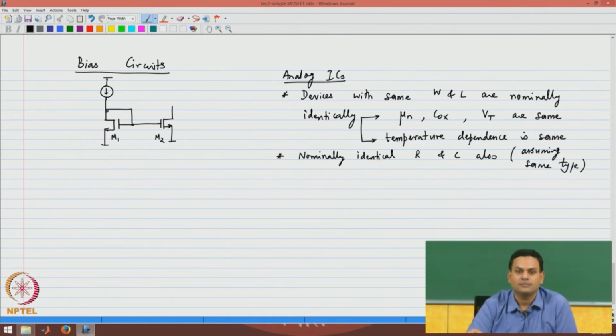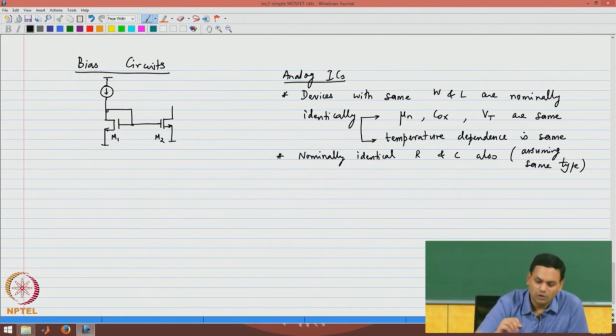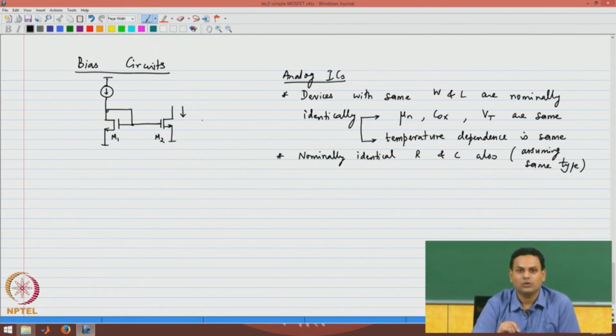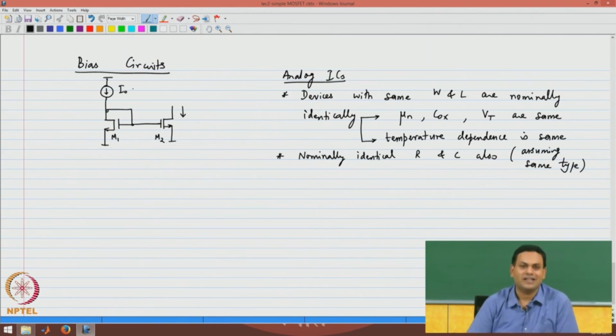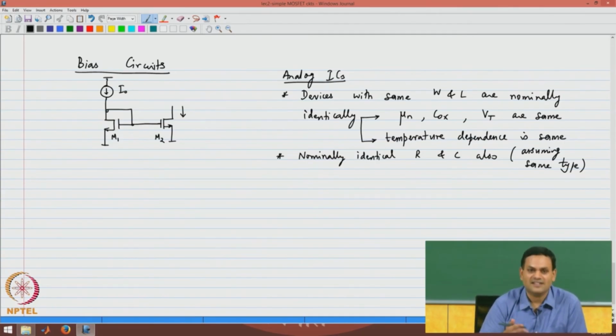Having said this, let us come back to this bias circuit and figure out how the circuit will behave. I think many of you might have seen this in a basic analog circuits course, but let us nevertheless quickly write down the equations. I have called these devices M1 and M2. Our job is to find out the drain current of the MOSFET M2.